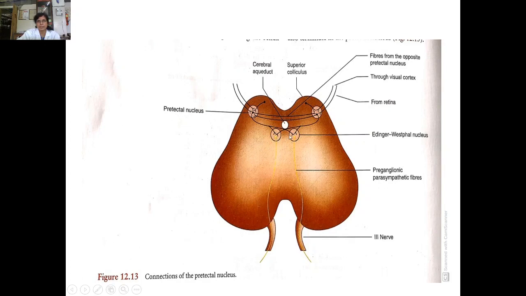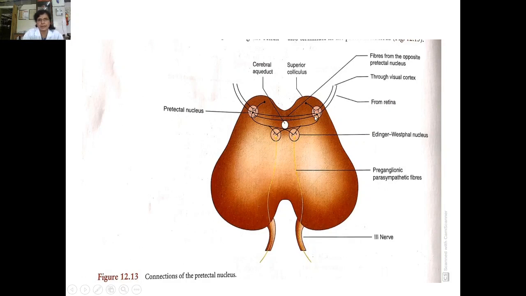Fibers arising from this Edinger-Westphal nucleus are preganglionic fibers; they enter the oculomotor nerve, then relay in the ciliary ganglion, and postganglionic fibers supply the sphincter pupillae and ciliaris muscle. So this nucleus plays an important role in the pupillary light reflex.